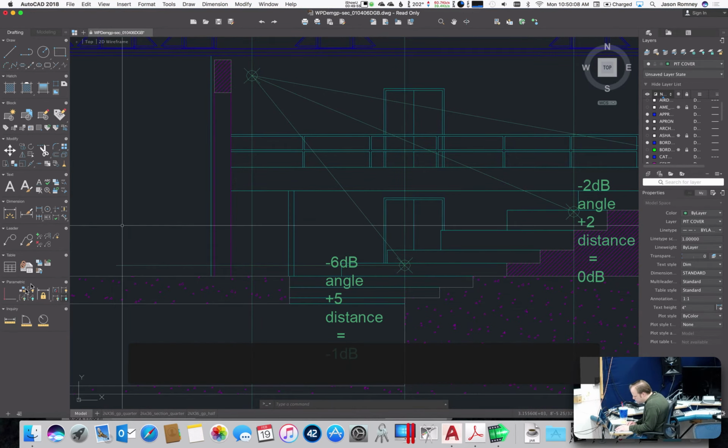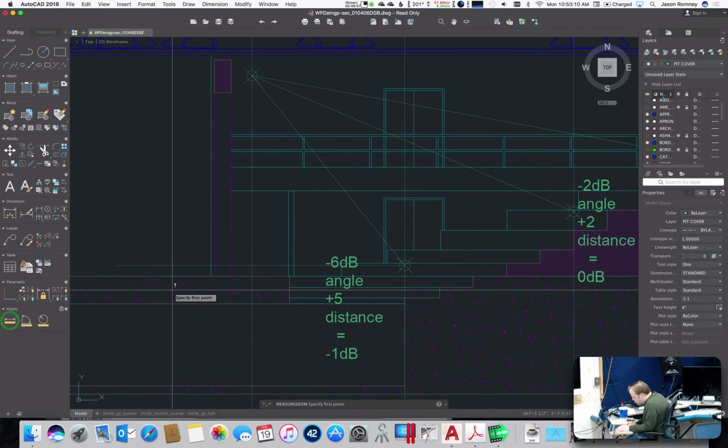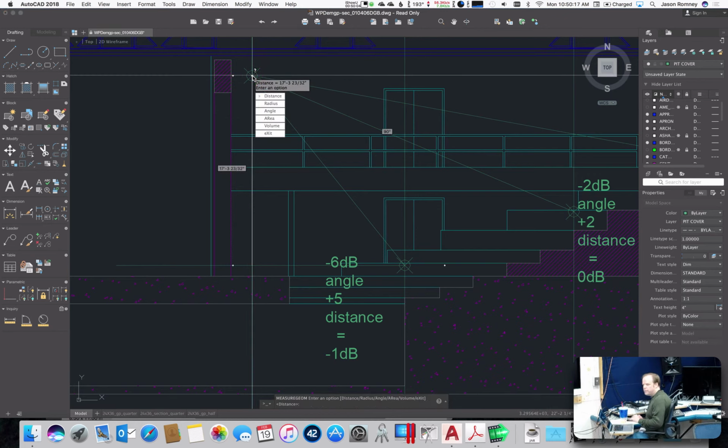If I get a dimension from that spot to that spot, I should get B, right? And that's 17 feet 3 inches, so 17.25 feet is B. So give me the square root of A squared plus B squared. Anybody do that? You know how to do that?